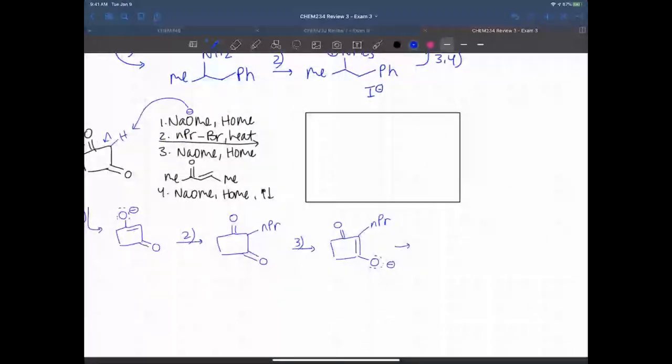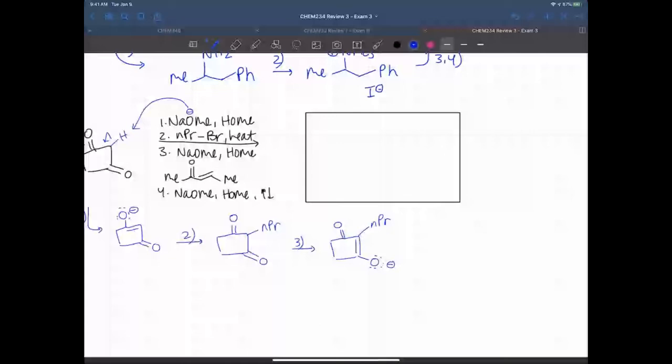Do you guys want to go through the mechanism for this, or can I just write out the answer and you figure it out yourselves? Which do you guys prefer? If no one has comments, I'm just going to write the answer, and you guys can probably figure out the mechanism on your own, right?